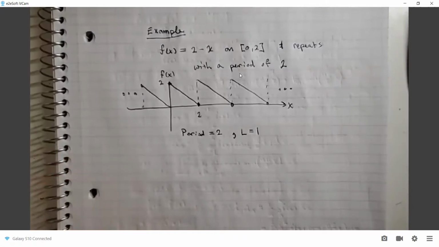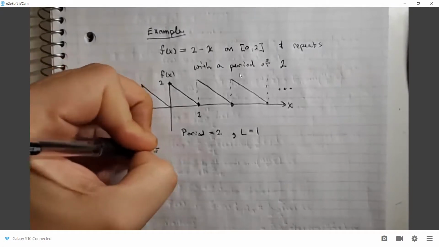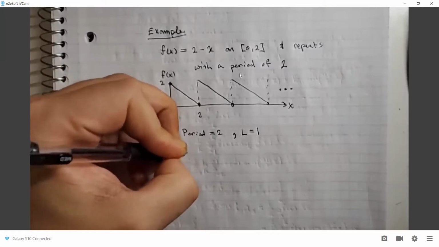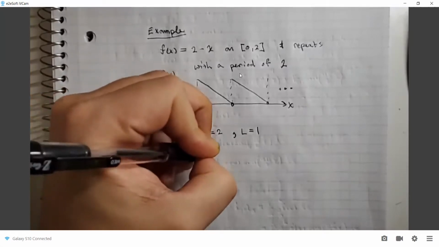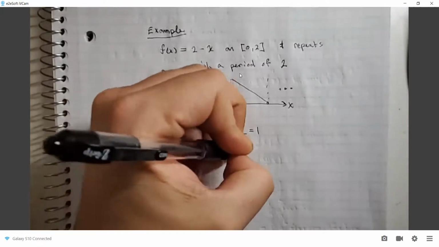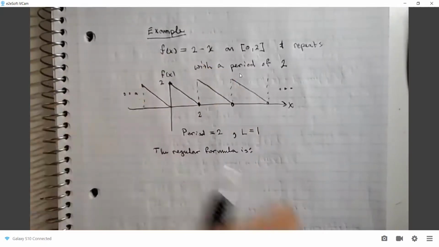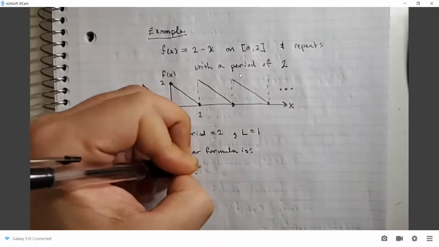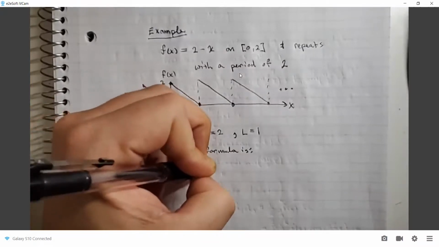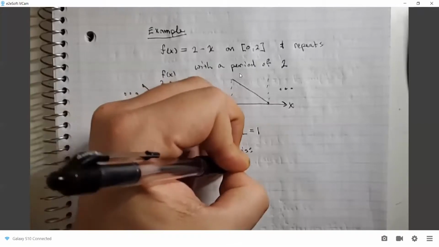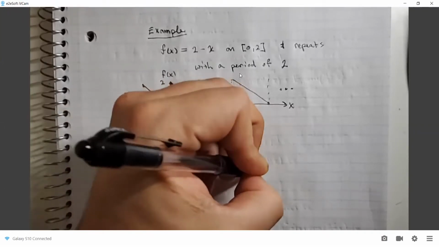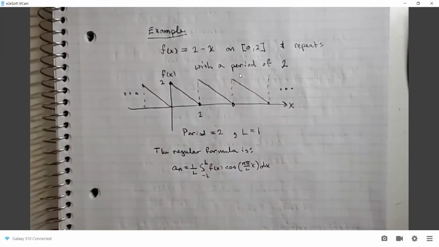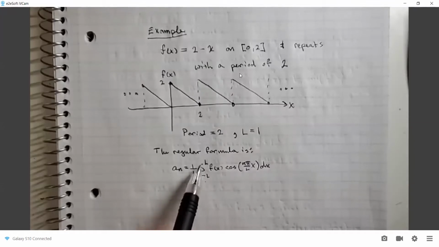So in general, the regular formula that we have for an is 1 over L integral from minus L to L of f of x times cosine of n pi over L x dx. We don't always have to go minus L to L. What matters about these limits of integration is that they're 1 period apart.